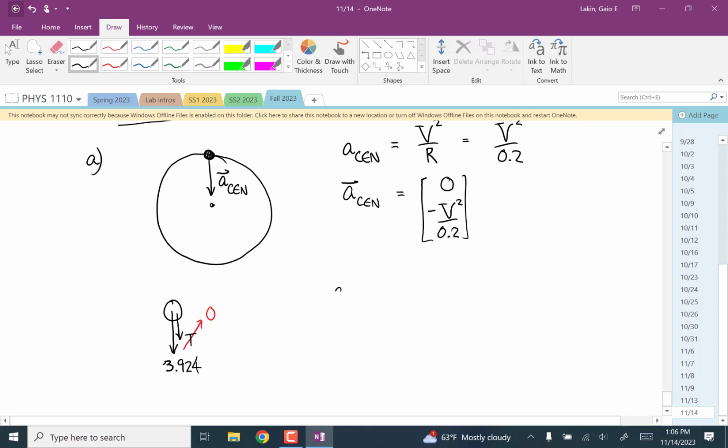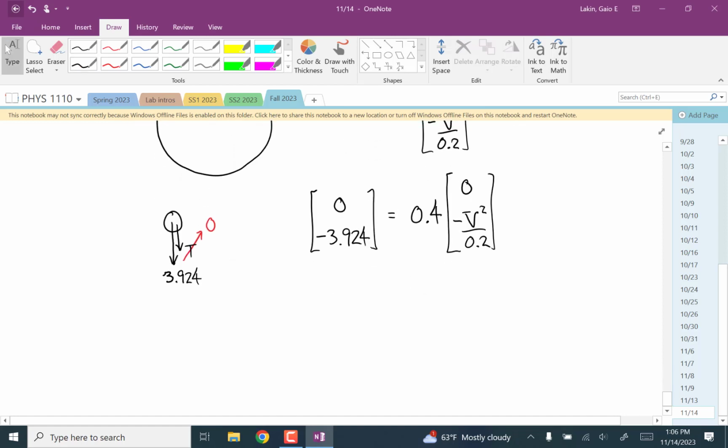So Newton's second law says (0, -3.924) is equal to the mass times the acceleration, which is (0, -v² / 0.2). The y equation says -3.924 is equal to -2v² when I divide 0.4 by 0.2.